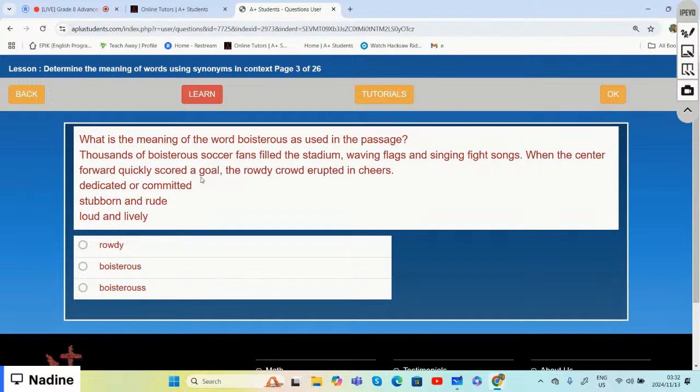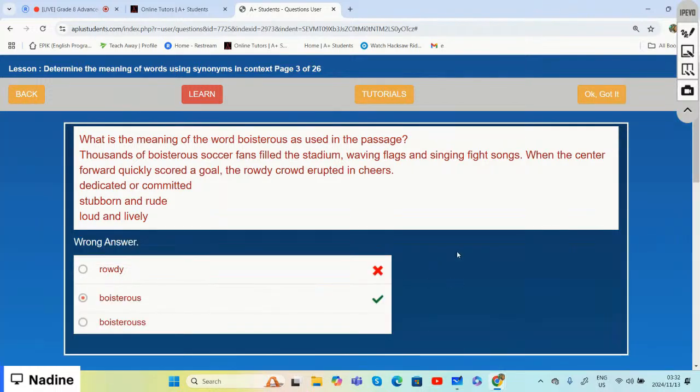So now, boisterous is dedicated or committed, stubborn and rude, loud and lively. Basically, boisterous is where they are loud and lively. They can be rowdy, sometimes rude. So the meaning would then be rowdy. Now I don't know if they want rowdy or boisterous. Let's just go with rowdy for now. They want boisterous. I don't understand this.